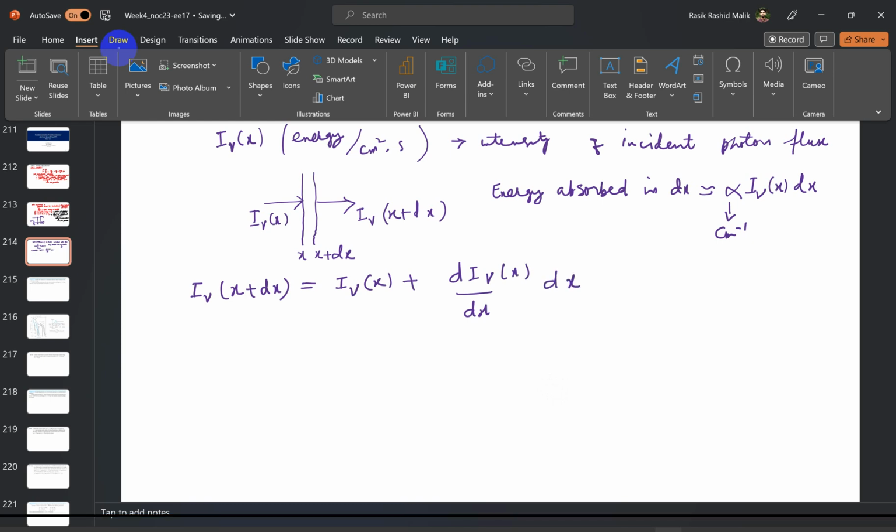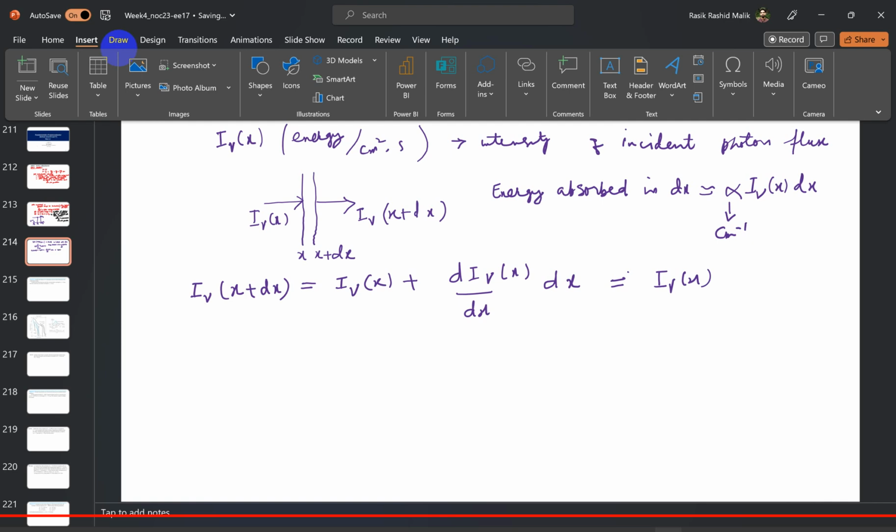So that I can write Iv at x minus alpha Iv at x dx.